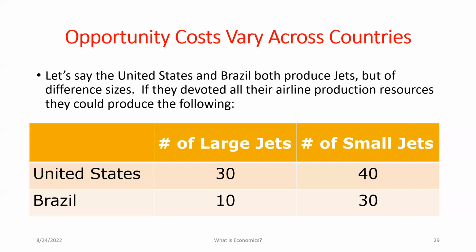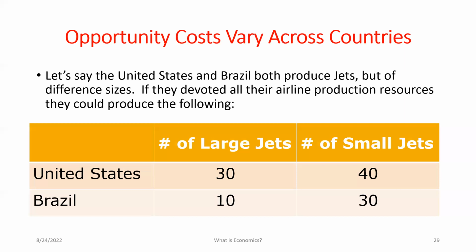But that doesn't mean they have a comparative advantage in both. Because the trade-off is, I had everything set up here using all their resources. So what if the United States starts to take some of the resources and, instead of producing only large jets, does a combination of some large jets and some small jets?